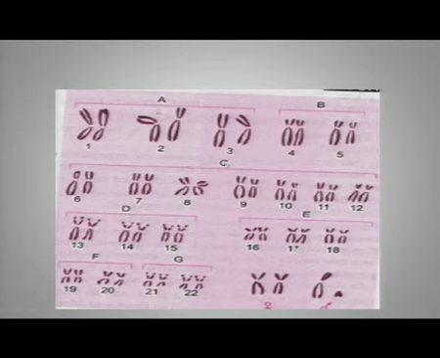The three pairs, A group, fourth and fifth pair, B group, sixth to 12th pair, C group, 13 to 15, D group, 16 to 18, E group, 19 and 20, again F group, 21 and 22, G group.